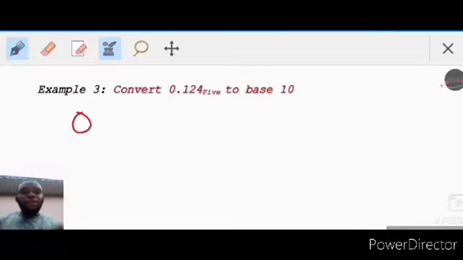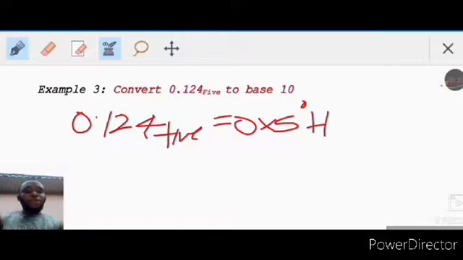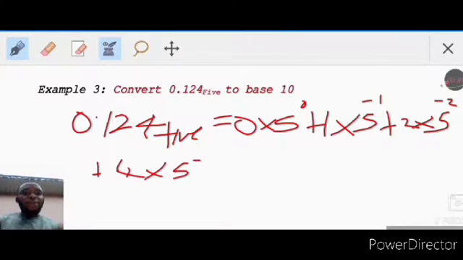That is 0.124 base 5 equals 0 times 5 raised to power 0, plus 1 times 5 raised to power minus 1, plus 2 times 5 raised to power minus 2, plus 4 times 5 raised to power minus 3.